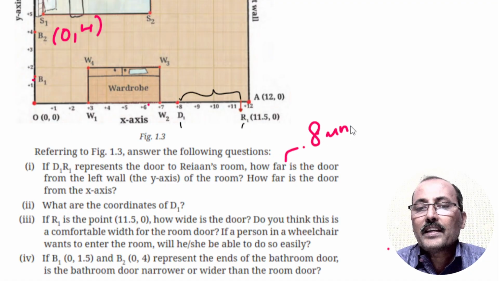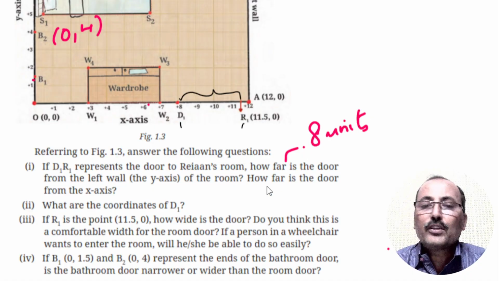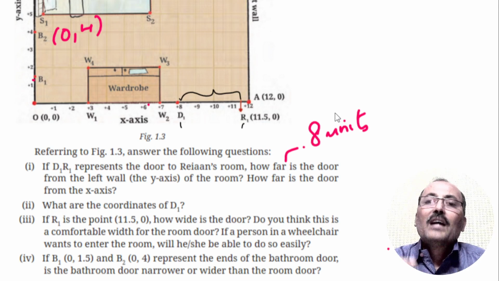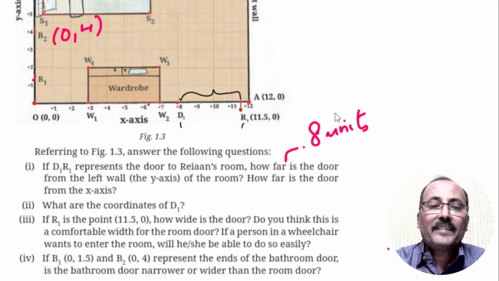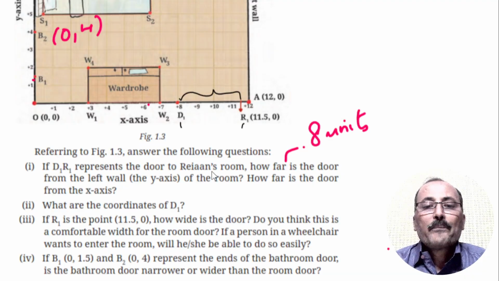They didn't give any units, so we take it as 8 units, centimeter, meter, feet, like that. But for this question alone, I recommend you consider feet, because for house doors and school doors, we normally use feet only.